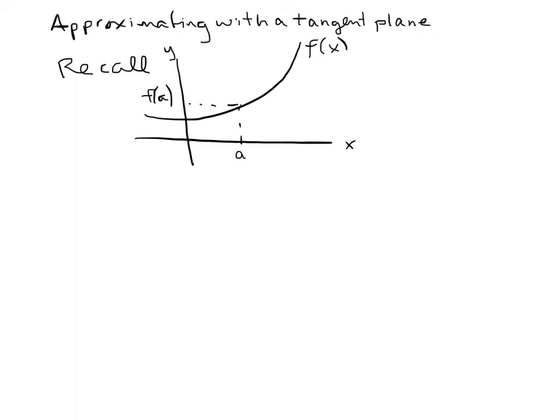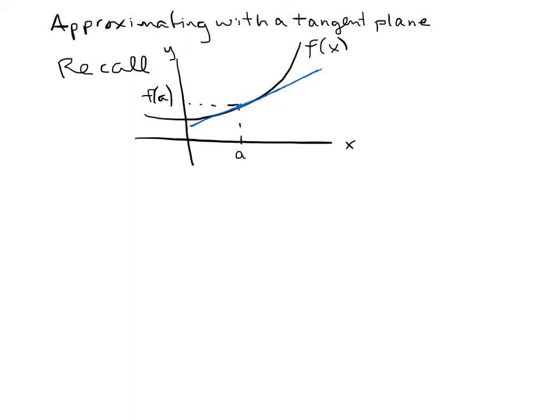There were times when we had functions like square roots or exponentials that it might be nice to actually use the tangent line. So we could find a derivative, which would be the slope of our tangent line.